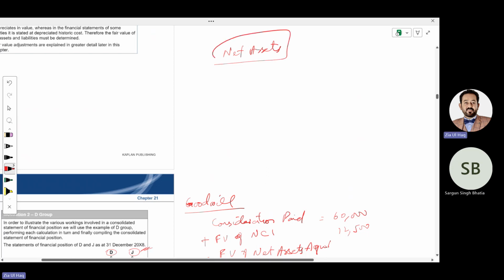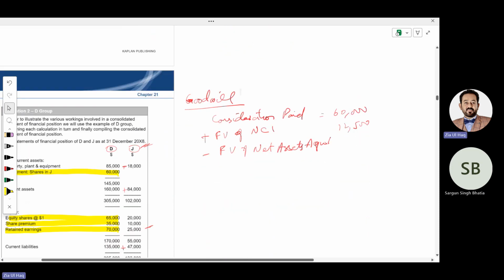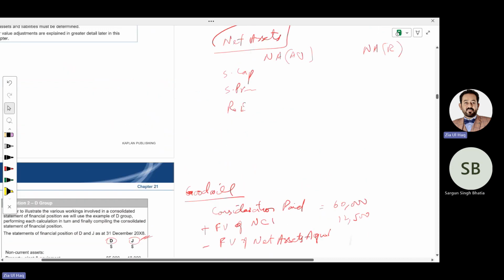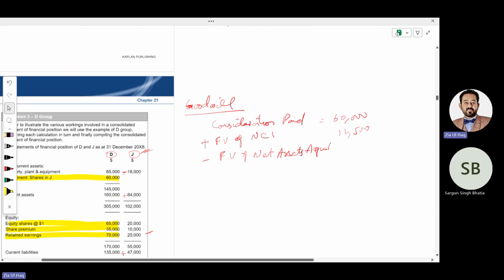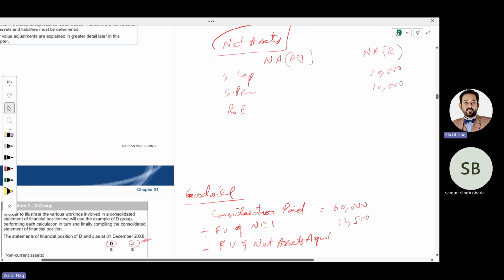We need to make two columns: net assets at the time of acquisition and net assets at reporting date. Share capital, share premium, retained earnings. Share capital figures are given, 20,000 and 10,000, the same at reporting date. Retained earnings at reporting date is 25,000 given.